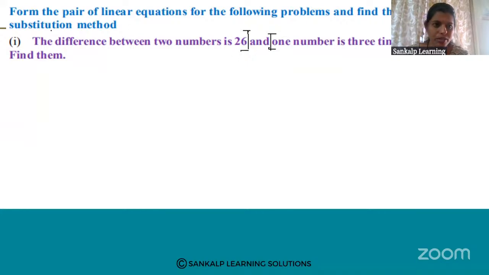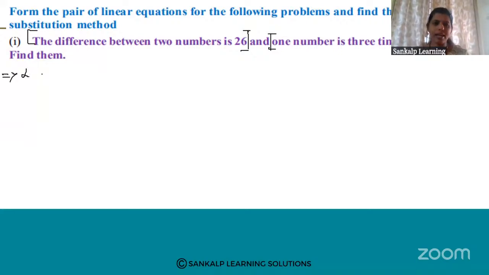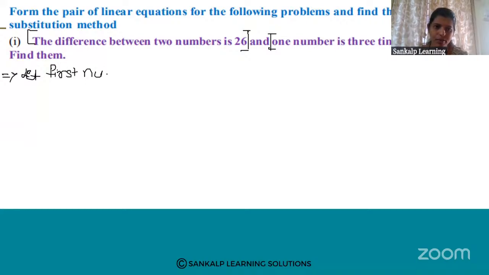That means we will get two equations. First, let the first number be x. Okay. And the second number be y.